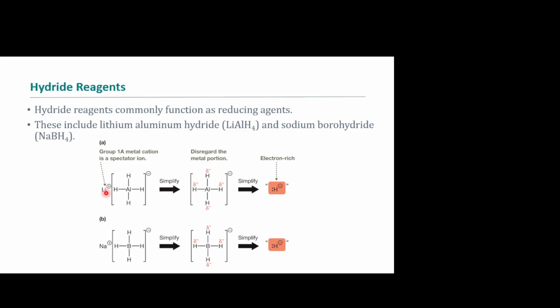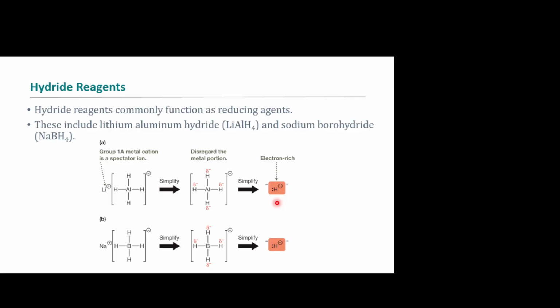The metal ends up being a spectator ion. This right here is going to end up being a negatively charged anion. This anion here actually can be simplified further because you can disregard this metal portion and just write it as a hydride. Negatively charged hydrogen with a lone pair. Okay. Now, again, this would not be stable enough to exist on its own.